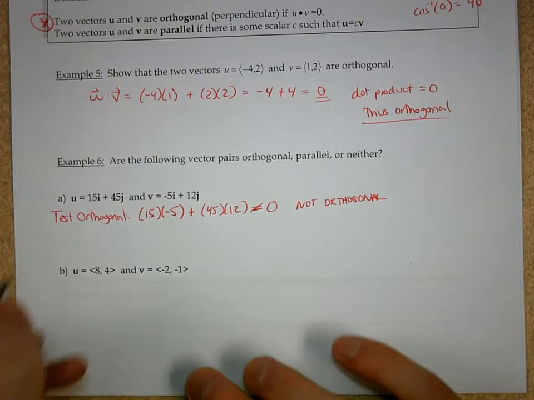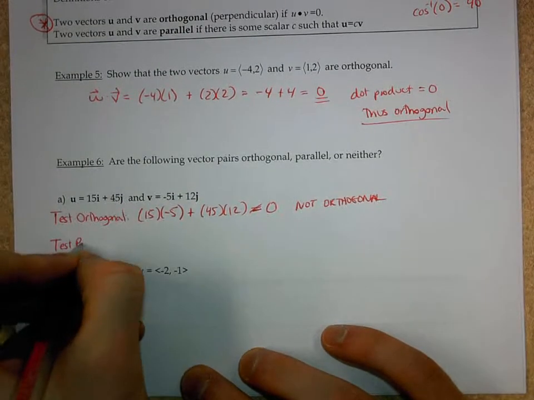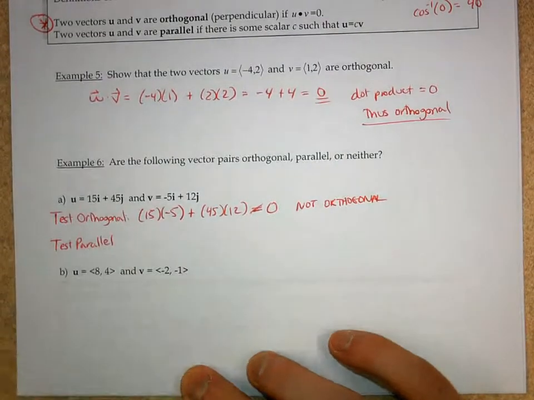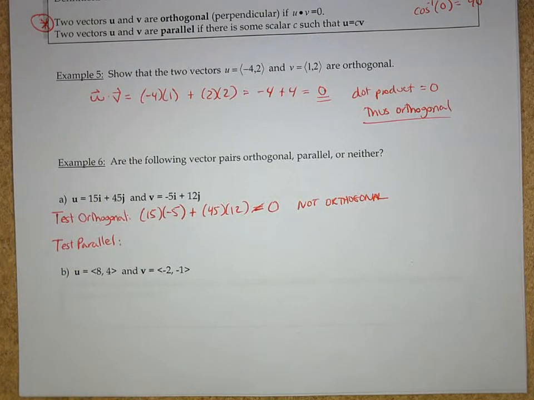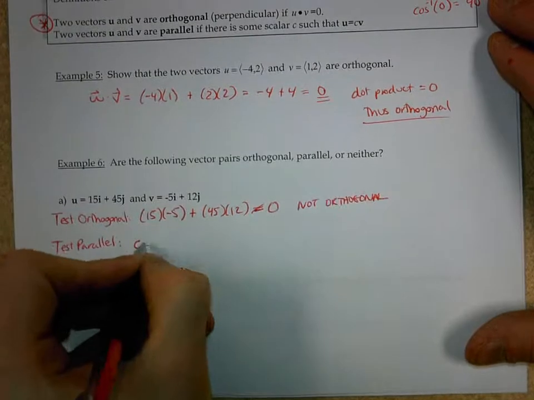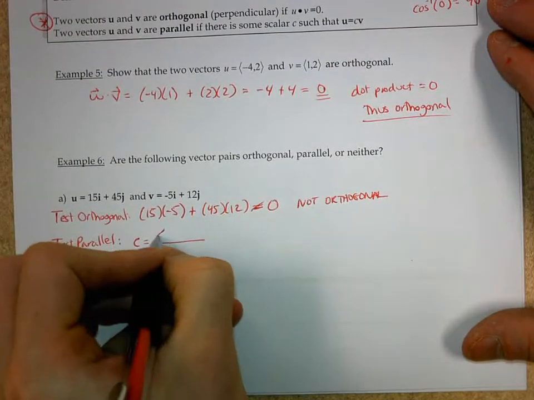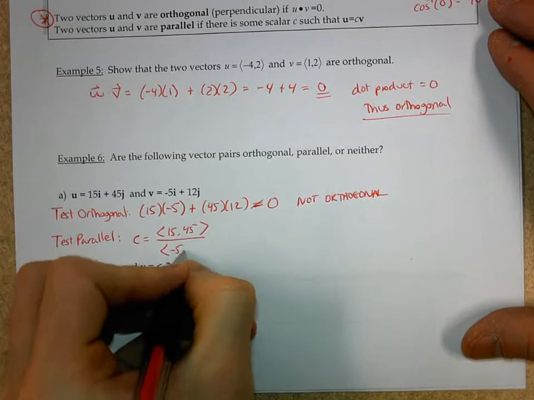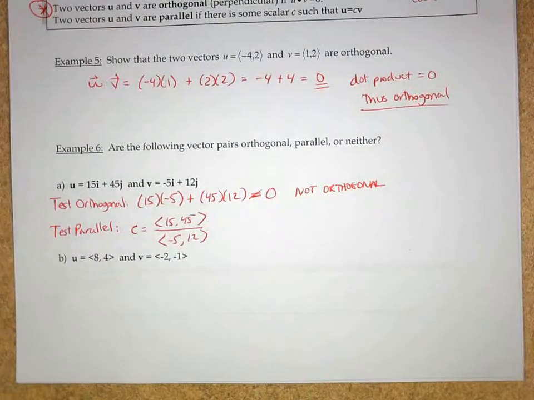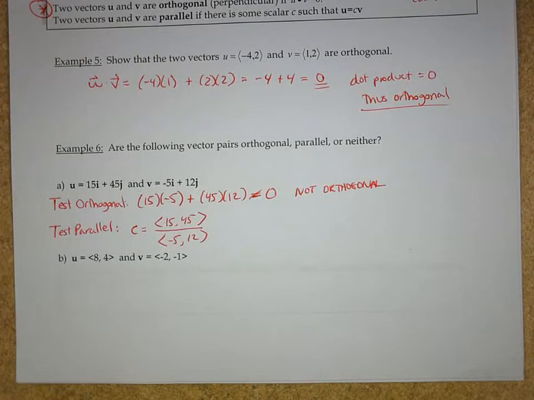So then we're going to test for parallel. And the way we'll test for parallel is we'll see if there is a constant between these two vectors. So let's just take one vector. I'll take 15, 45 and I'll divide it by negative 5, 12. And is there a constant that works for both the x and the y?